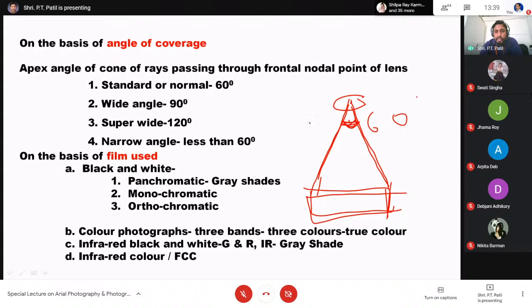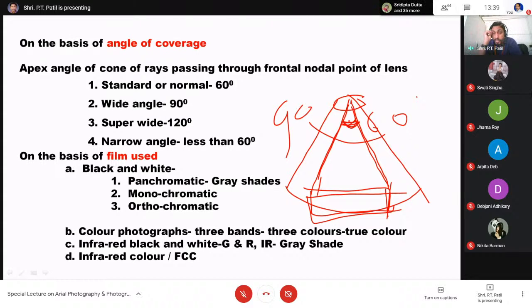And if that angle is widened in order to capture the maximum instantaneous field of view, that angle is 90 degrees. Then super wide angle is 120 degrees. When we try to increase our coverage, we increase the cone of the rays, and if the cone of rays increases, the instantaneous field of view also increases.